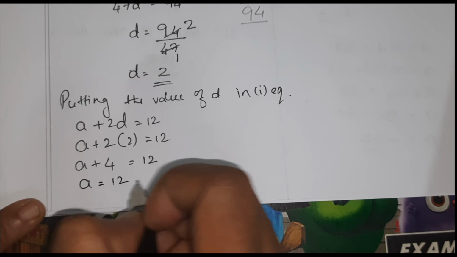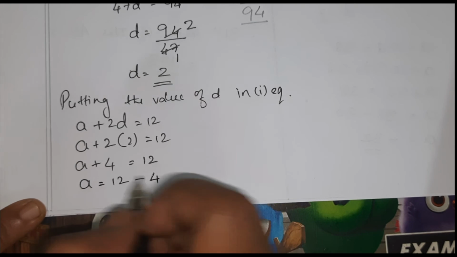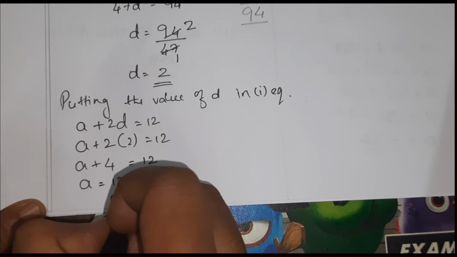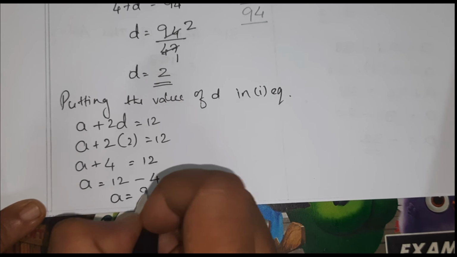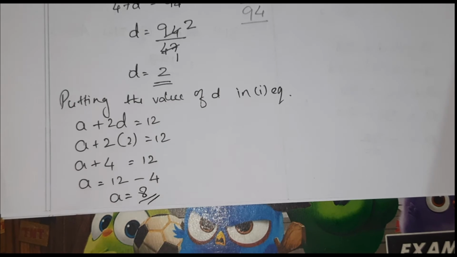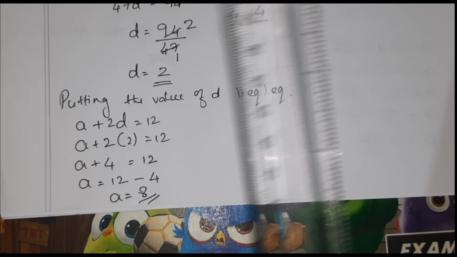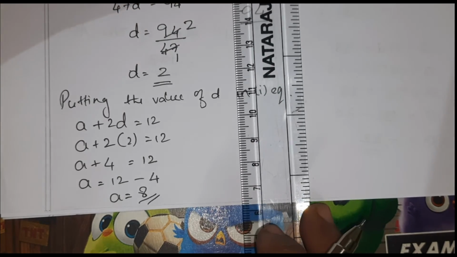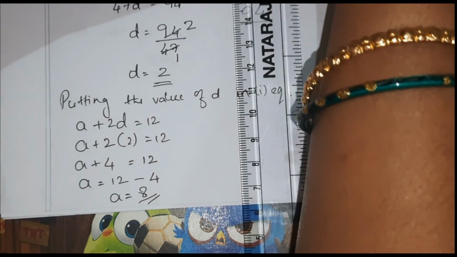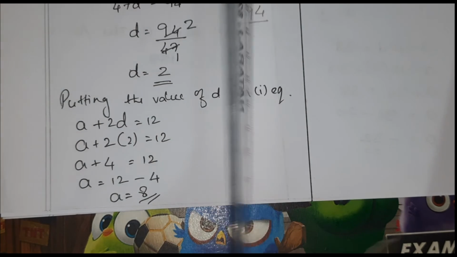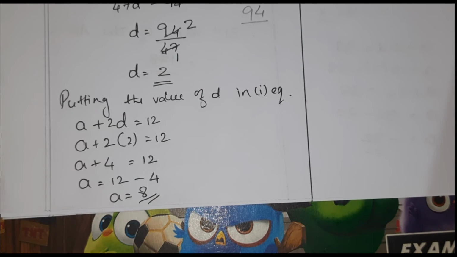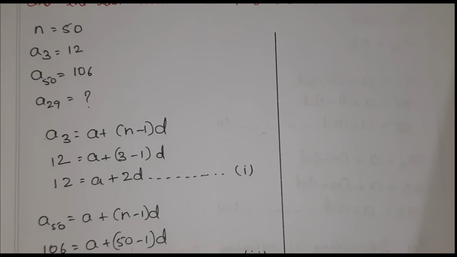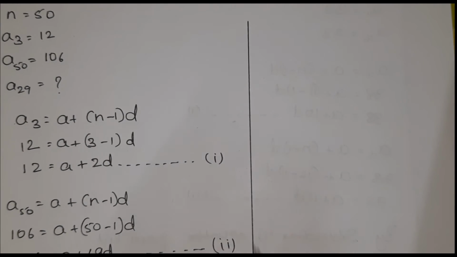By transferring 4 to RHS, it will become minus 4, which is A equals 8. Now we got the value of A. Still the problem is not solved. We have to find the 29th term. Now we found the A value and D value. By using all these values, now we'll find the 29th term of this AP.